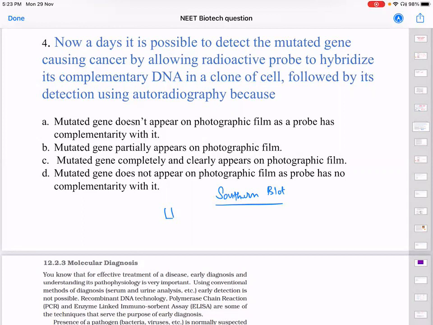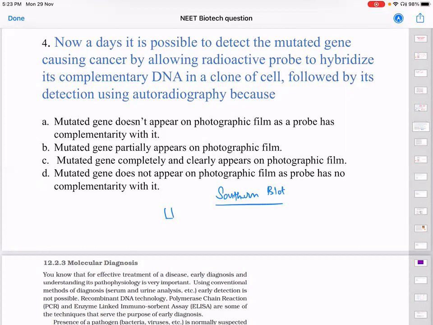Now you have to blot it. You need to find whether a particular gene of interest is present. I keep using the words DNA and gene here, and both mean one and the same. Whether it is present or not, you need to know. So you can go for a Southern blot.